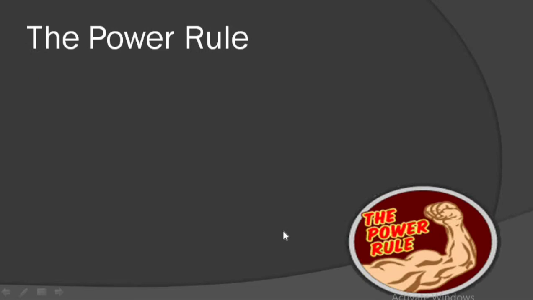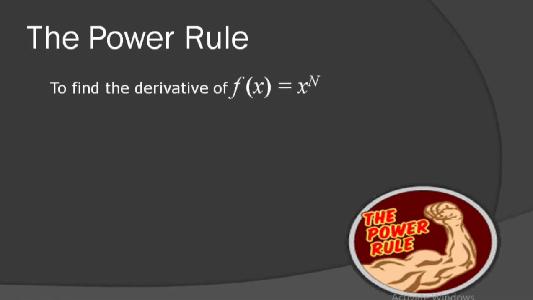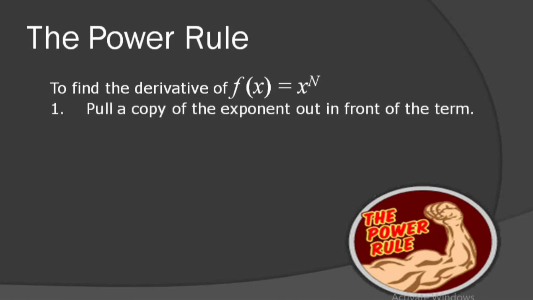Now the next rule is the power rule. To find the derivative of f of x is equal to x raised to n, the first step is to pull a copy of the exponent out in front of the term.